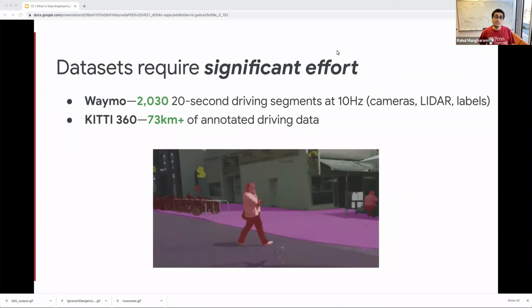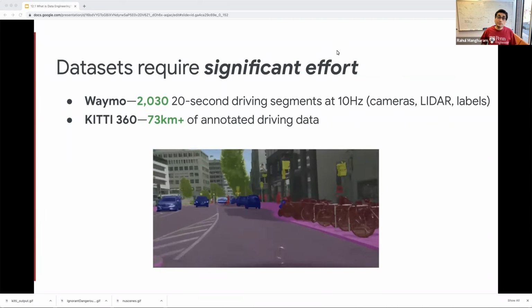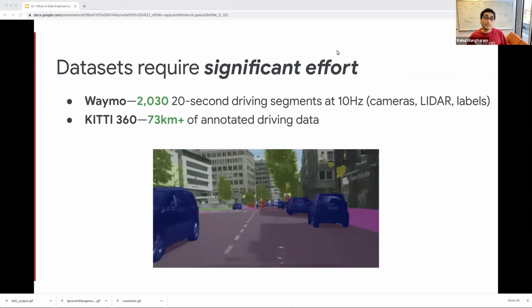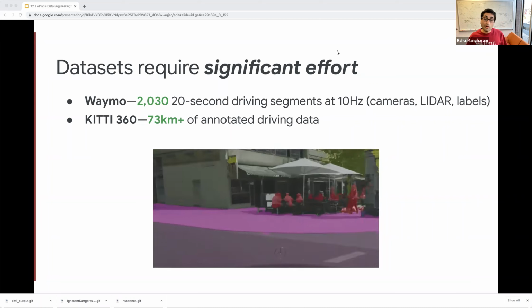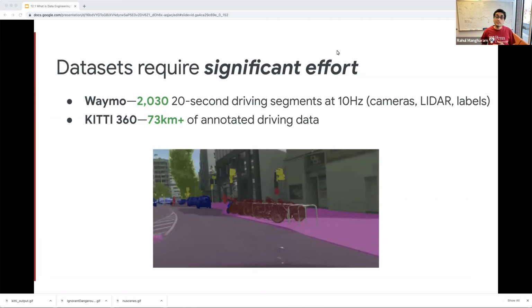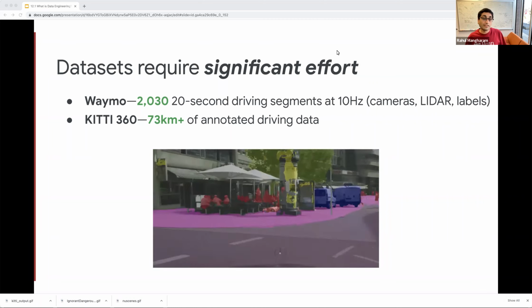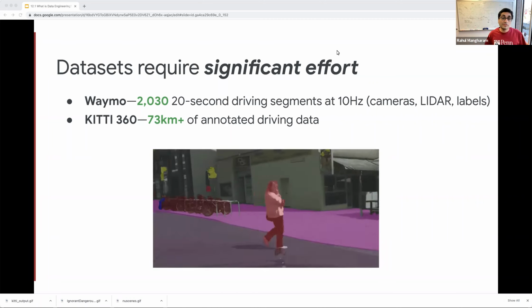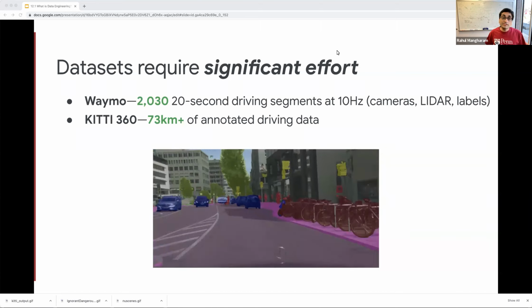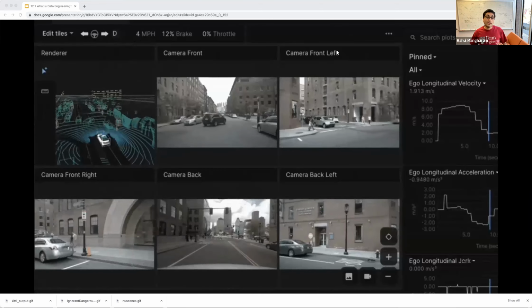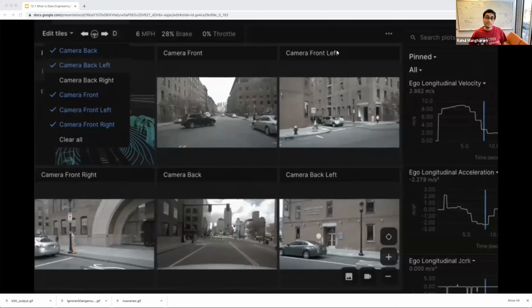Similarly, KITTI is another popular data set that's used in autonomous driving, and it has about 73 kilometers of driving data that comes from many different sensors and laser scans, as well as static images from cameras. And so that's a huge volume of data. And then you have to process all of this data.